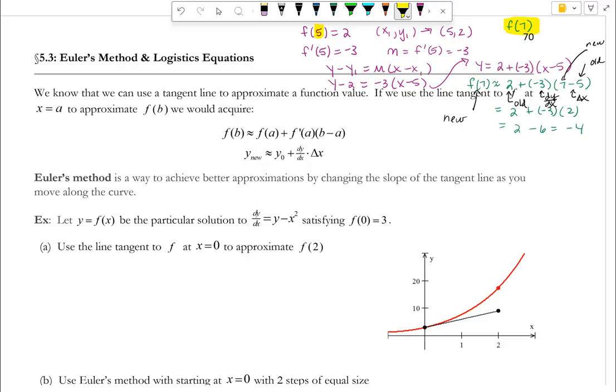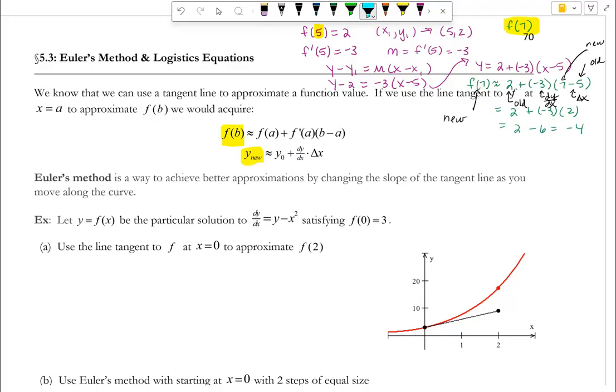So Euler's method is a way to make a better tangent line approximation, and it comes back to the idea of just what a tangent line approximation is. Generally speaking, let's say I'm trying to approximate f at some value b. That's our new y value.